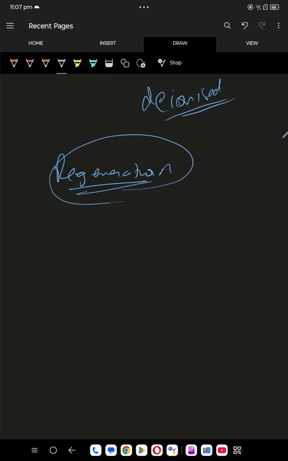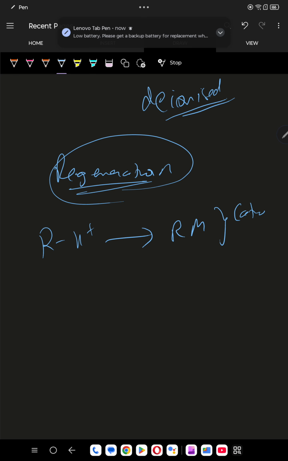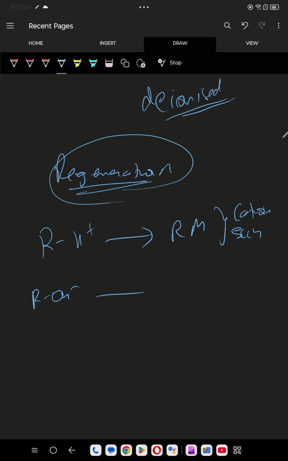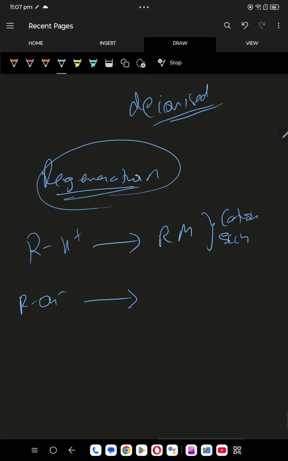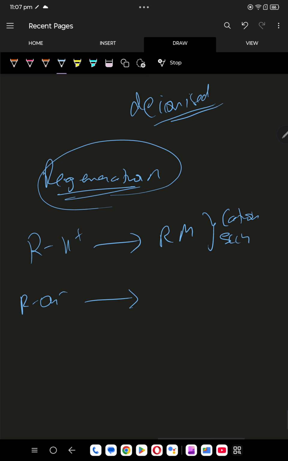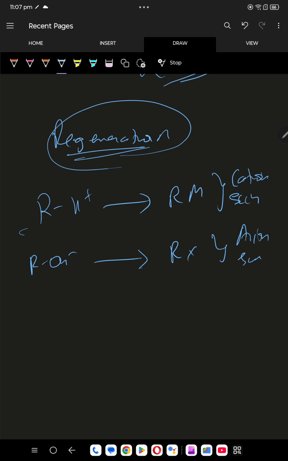So first what we were trying to do: there was already an RH+. From RH+ we got RM. This is by the cation exchange method. There was ROH-, and we got RX. This is by the anion exchange method. Now we want these two back, because then only can we further convert hard water to potable water, right?